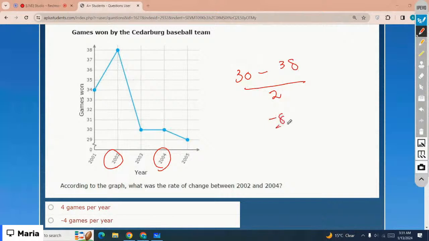So negative 8 divided by 2 is negative 4 games per year. Yes, that is negative 4 games per year.